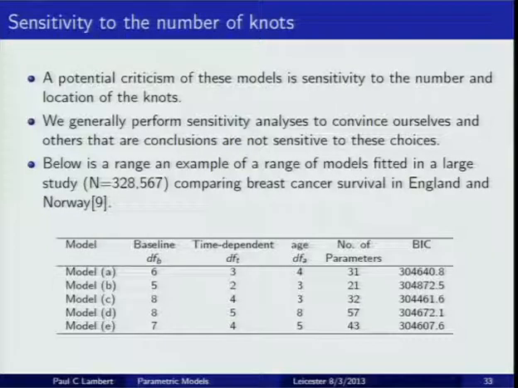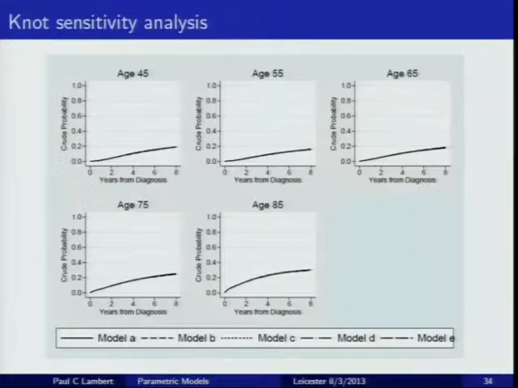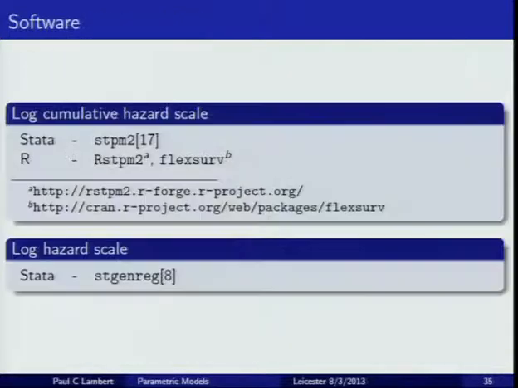So we fit a range of models. This is just a selection of those, and we can see how our fitted values vary depending on these models. And basically, in this case, you can't distinguish between them in terms of the fitted values. So I think this is an important thing to do.